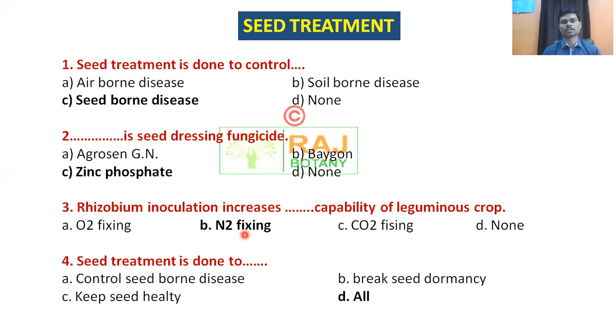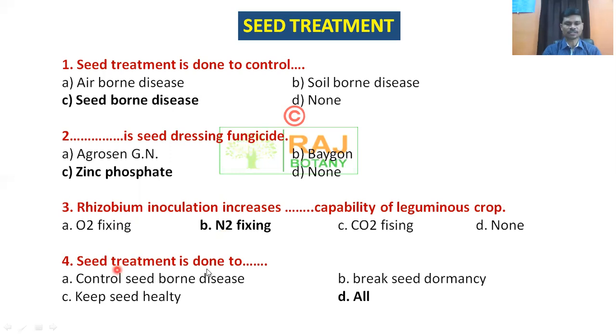Into those knots, nitrogen fixing bacteria called rhizobium reside and they fix the atmospheric nitrogen. Why? Because the plant does not have the capacity to fix the atmospheric nitrogen itself. Therefore, the plant takes help of these rhizobium bacteria and gives shelter to the rhizobium, and in return, the rhizobium bacteria provide the fixed atmospheric nitrogen to the plant. So the correct option is nitrogen fixing.